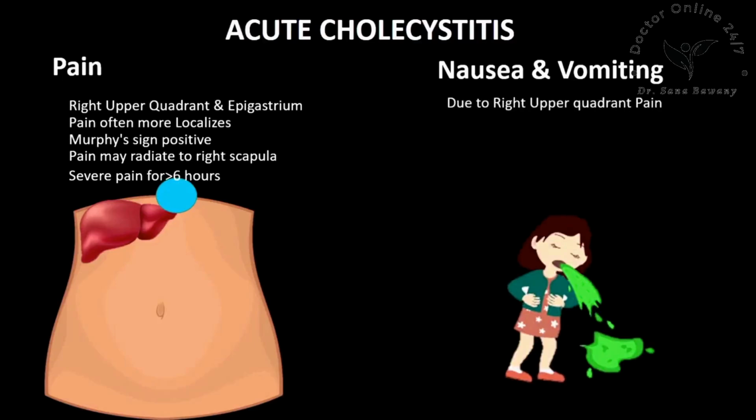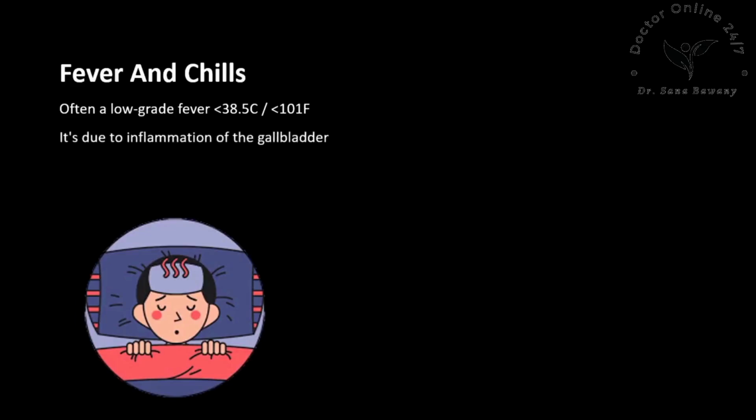Some more signs and symptoms that can occur with acute cholangitis include fever and chills. It's often a low grade fever, less than 38.5 degrees Celsius or less than 101 Fahrenheit. It's due to inflammation of the gallbladder, so even if there's no infection, if there's some inflammation, this can lead to a person's body generating a fever.